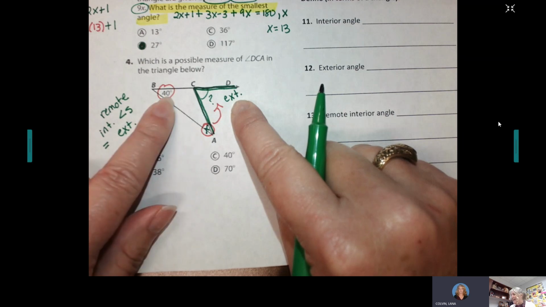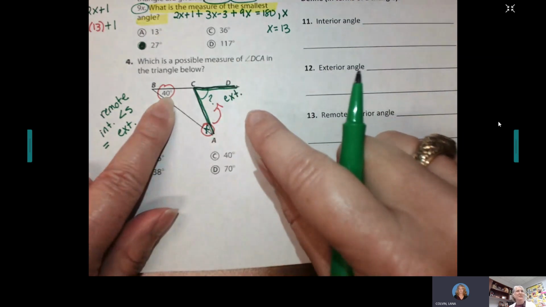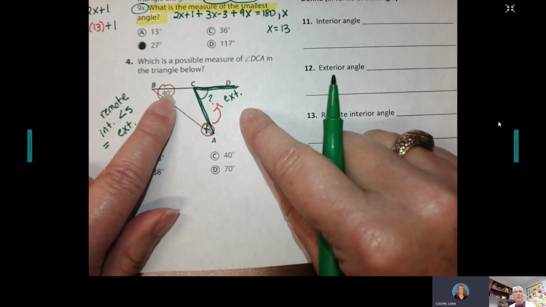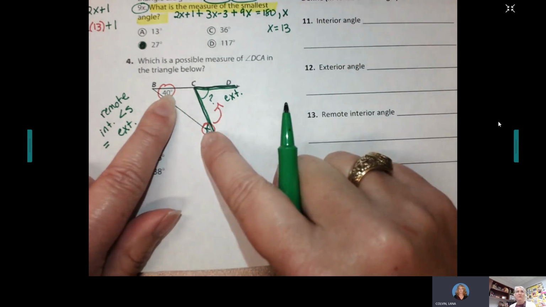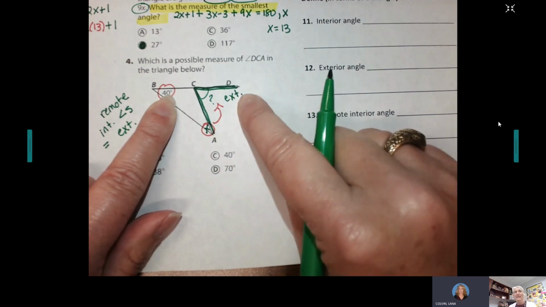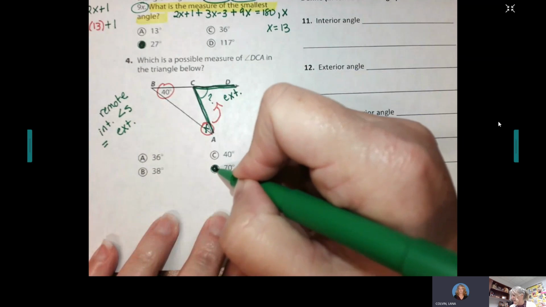If I add a number to 40, isn't it only going to get bigger? It's not a trick question. Quit second guessing yourself. I'm adding another angle measure to 40, so it's got to be bigger than 40. It can't get smaller. So it has to be D.